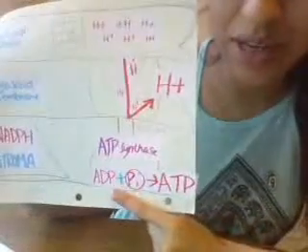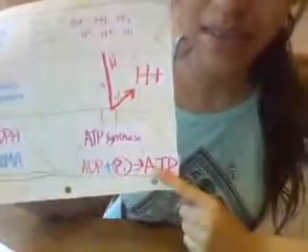Like I said, it's our electrochemical gradient, and they're going to flow out through the ATP synthase. It's going to go back in, and this ATP synthase is going to catalyze the reaction between ADP and a phosphate, and that's going to make ATP, which is an energy source for cell functioning.